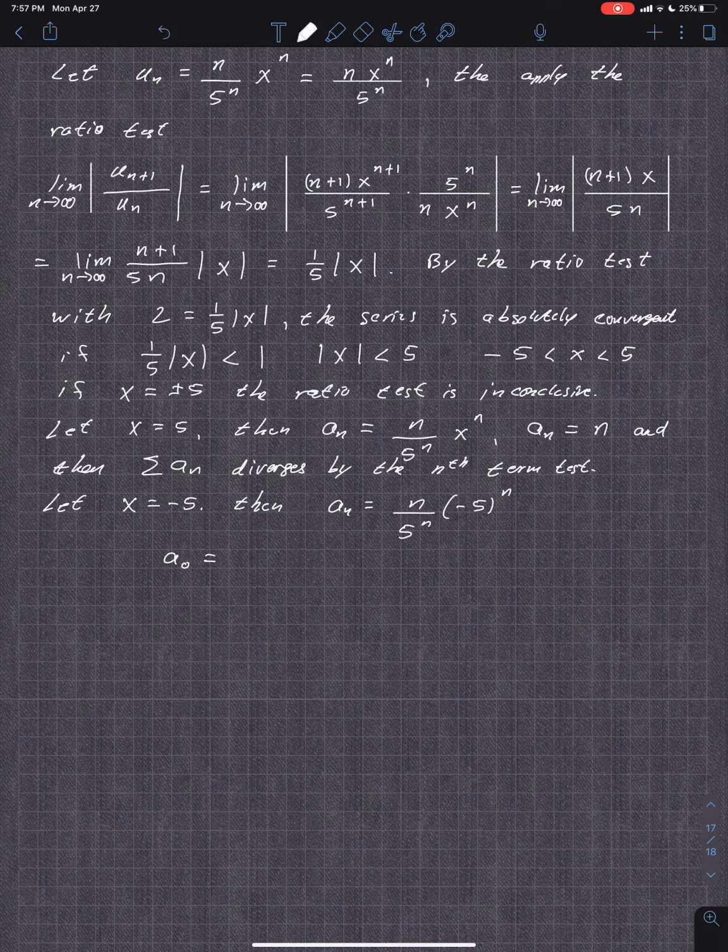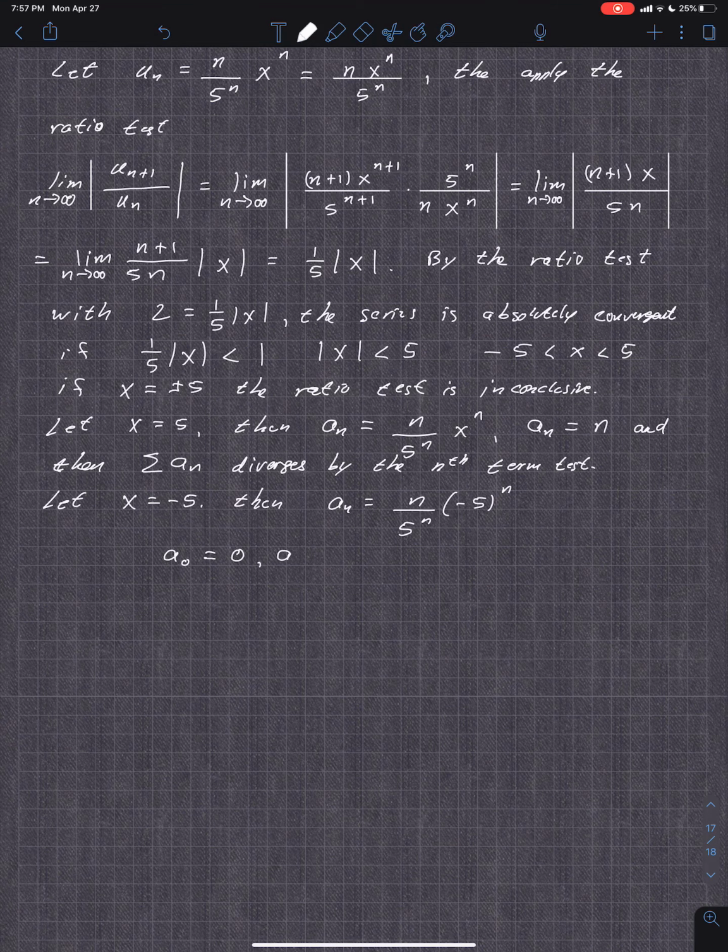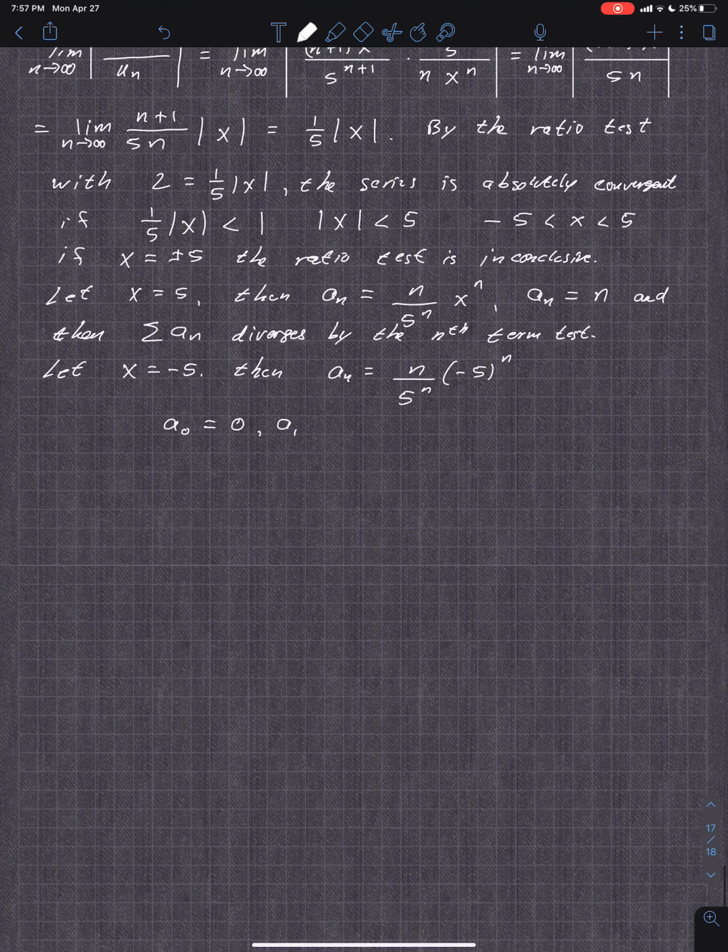Okay, that's going to be 0. a1. Okay, so one way to do this is to bring out the negative ones. So it's negative 1 to the n times n, and then it's really just n times 5 to the n. So really you can see that it diverges. It's not going to converge.